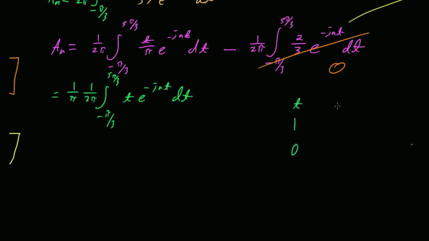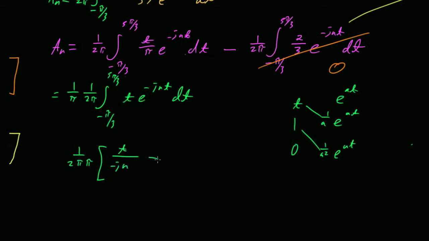So my integral is going to be 1 over 2 pi pi times t over minus jn e to the minus jnt. So that's that term. Minus 1 over a squared, so 1 over minus jn squared e to the minus jnt, on the limits from minus pi over 3 to 5 pi over 3. Woo!